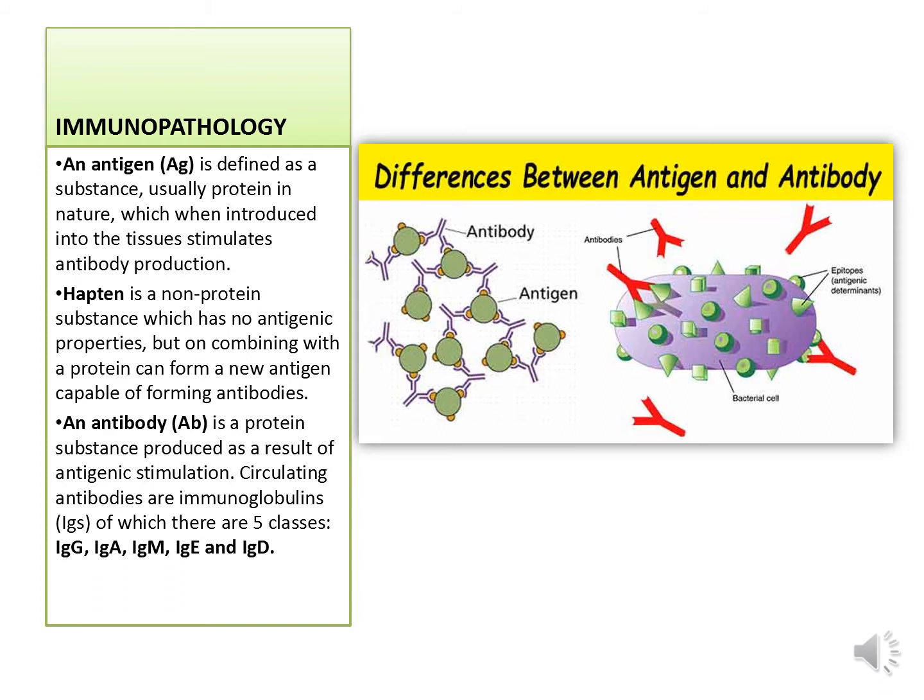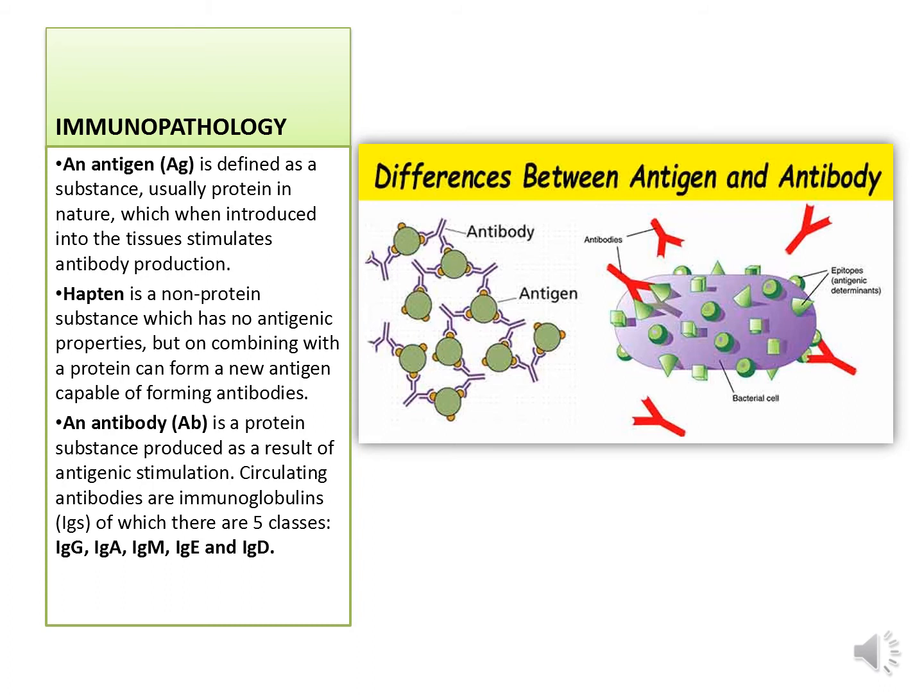An antigen is defined as a substance, usually protein in nature, which, when introduced into the tissues, stimulates antibody production. A hapten is a non-protein substance which has no antigenic properties, but on combining with a protein can form a new antigen capable of forming antibodies. An antibody is a protein substance produced as a result of antigenic stimulation.